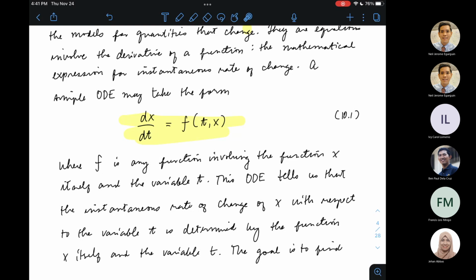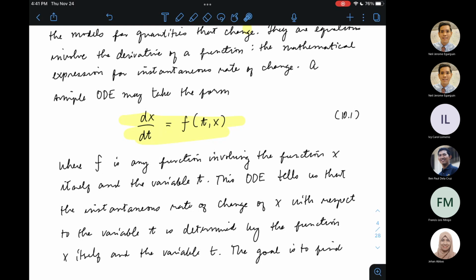So we're looking for the function x of the independent variable t whose derivative is equal to the function f, right? But f is not an explicit function in terms of the independent variable t because the function f on the right-hand side might still involve the dependent variable. So basically, you can think of it as another function acting on both the independent and the dependent variable.